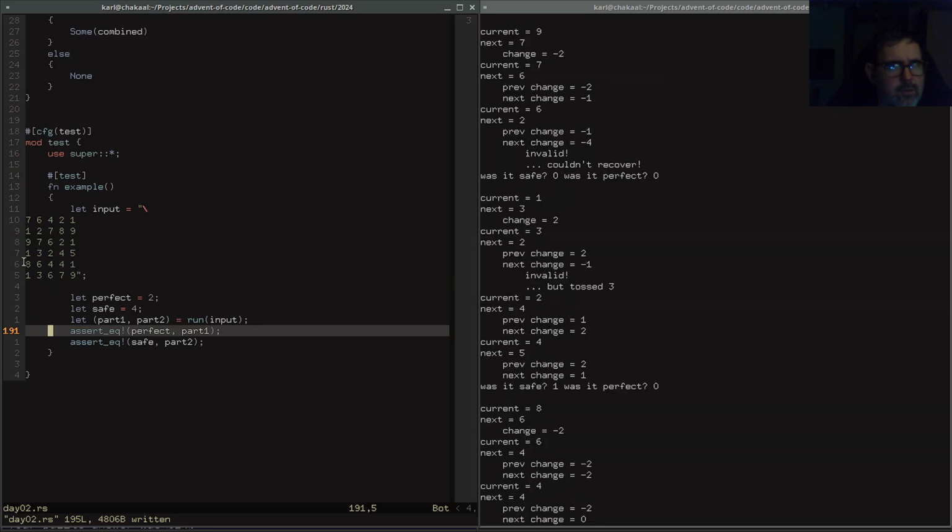Okay, so 1 and 3 changes 2. So this changes -1 were invalid, so 2 and 4. So previous change should be 1. Next change is 2, that's right.